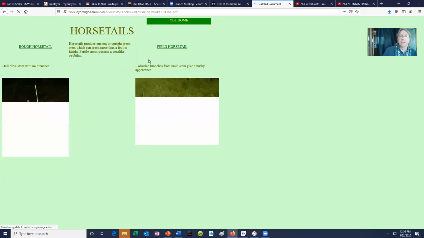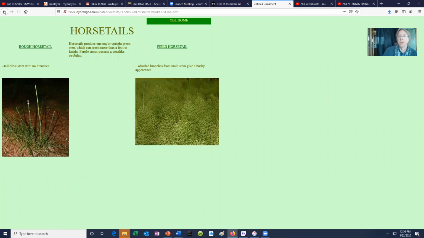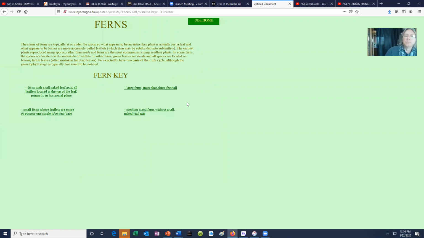In the same way, in horsetails, there's only 2 different horsetails which live in our area. With ferns, it would be a little more complex. And so you would need to answer a few more questions, but a key could potentially help you. So for example, you find a fern, does it have a leaf axis which has no leaflets on it?